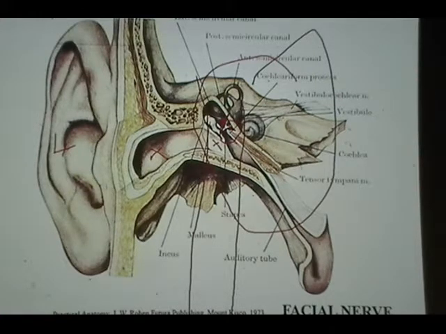And with the vestibulocochlear nerve, here is the cochlea over here. Here is the vestibular portion, the semicircular canals over here. And these are entities that are associated with the special sensations of hearing, cochlea, and vestibular function, balance, okay, balance.